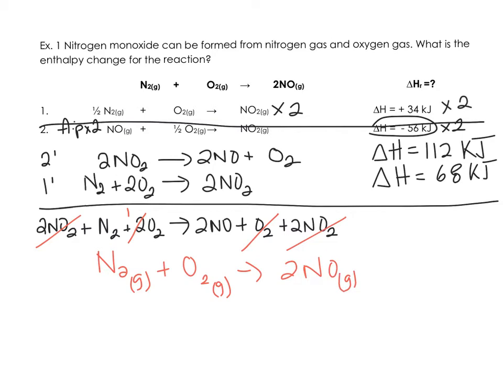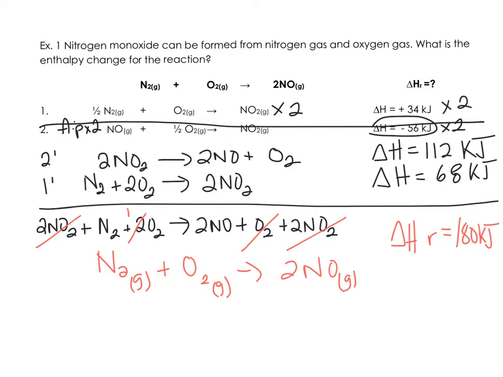And our delta H will be, again, summation. We're adding these. So our delta H for this reaction is 112 plus 68, so 180 kilojoules. So that's how you figure out the overall answer.